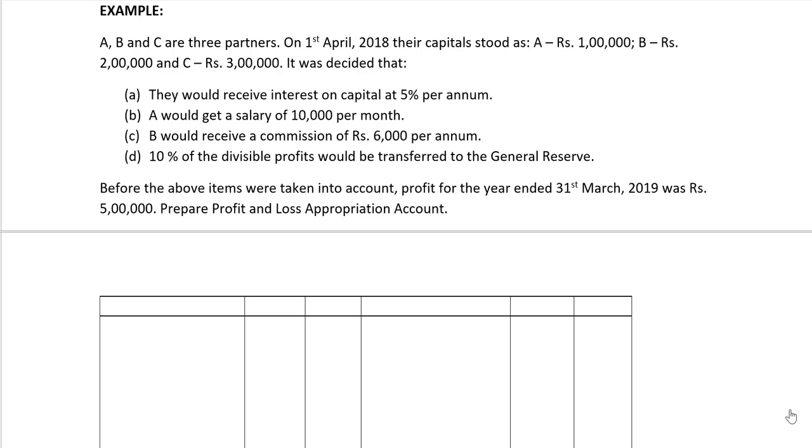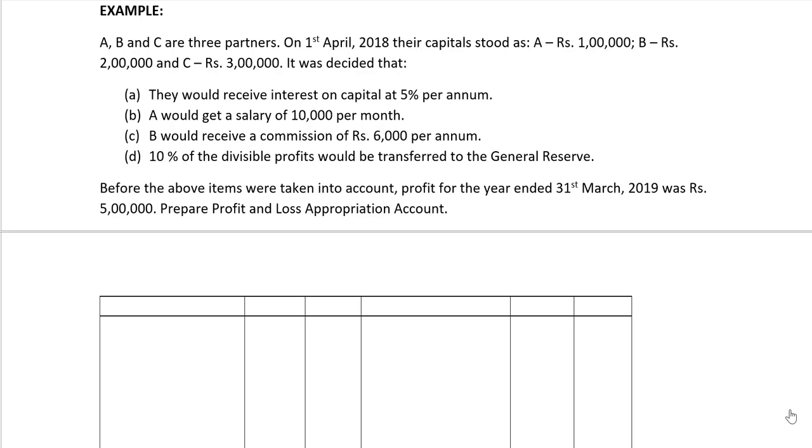B would receive a commission of rupees 6,000 per annum, and D, 10% of divisible profit should be transferred to the general reserve. Before the above items were taken into account, the profit for the year ended 31st March 2019 was rupees 5 lakh. Prepare the profit and loss appropriation account.